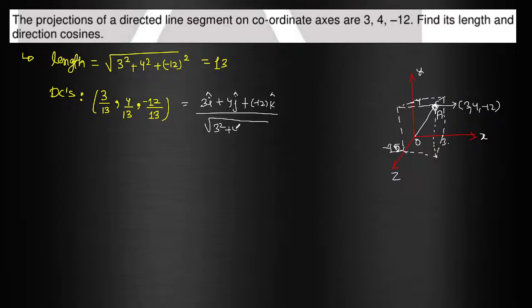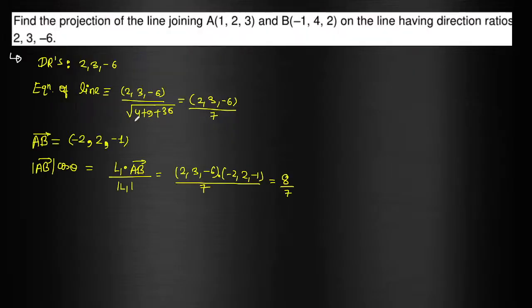This is the direction cosine. Now the projection of the line joining A and B. A line with direction cosines is given, and we have to find the projection of this.